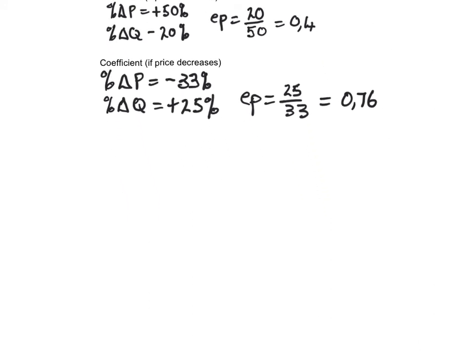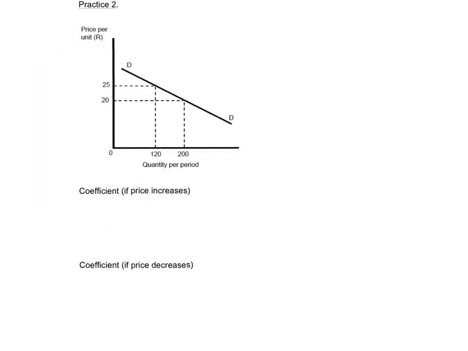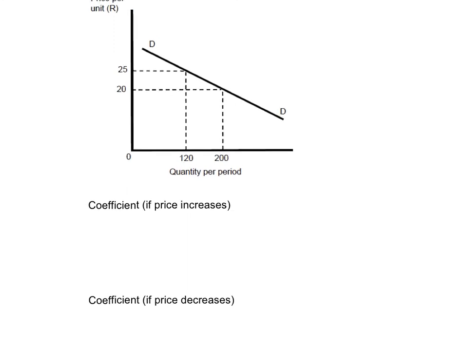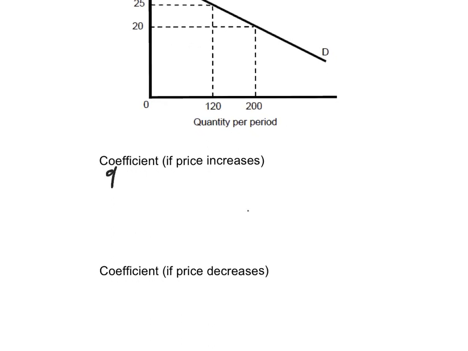Let's take a look at practice 2. If we look at an increase in price from 20 Rand to 25 Rand per unit, the percentage change in the price is an increase of 25%. The percentage change in the quantity is a decrease of 60%.